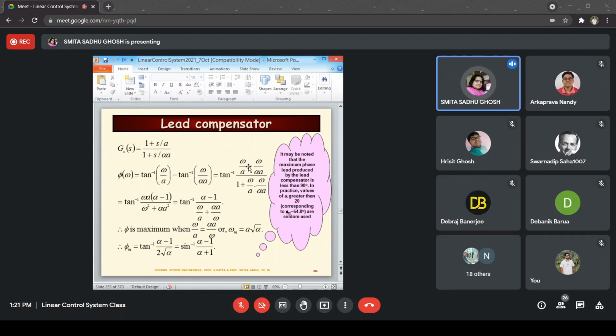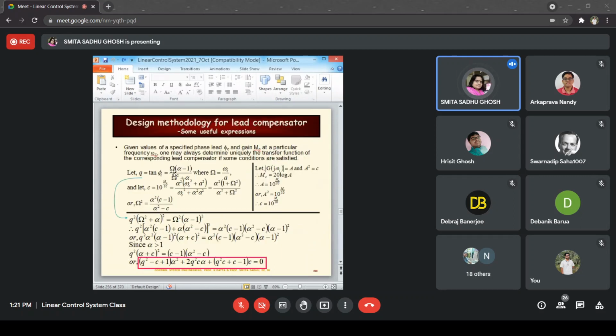From there, omega c by a is denoted as capital omega. If you do that and look at the overall expression, tan of phi c boils down to capital omega into alpha minus 1, by capital omega square plus alpha. That is the overall expression that we obtain for q, which is denoting tan of phi c. I hope that is clear. If not, please let me know, I'll repeat this particular thing again. So q is equal to this.